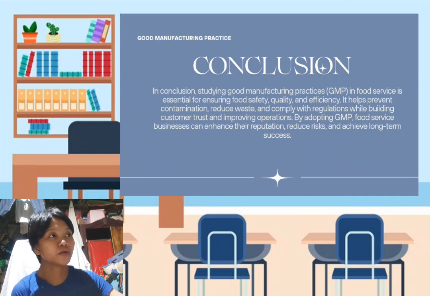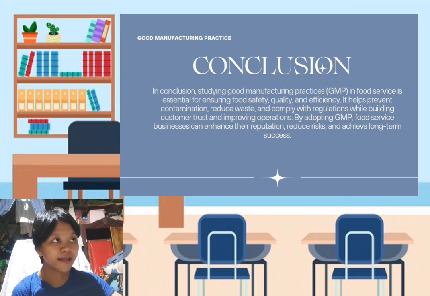Lastly, and our conclusion for the good manufacturing practice is, in conclusion, studying good manufacturing practices or GMP and food service is essential for ensuring food safety, quality, and efficiency.